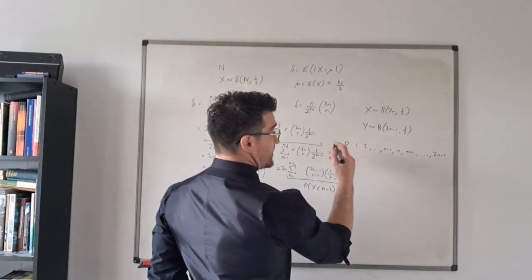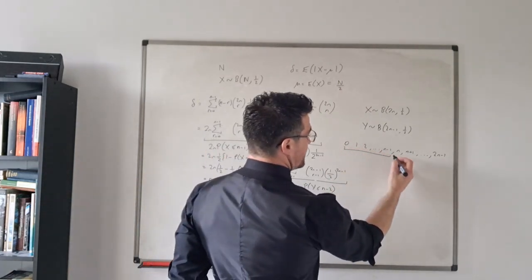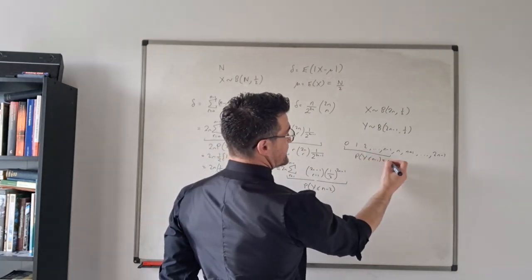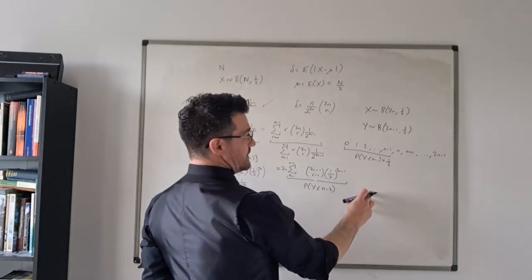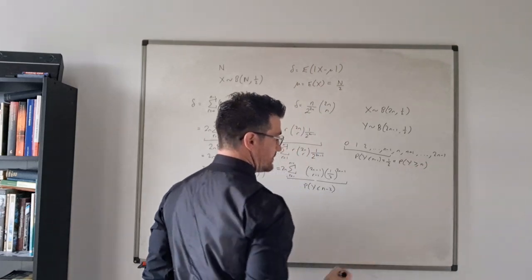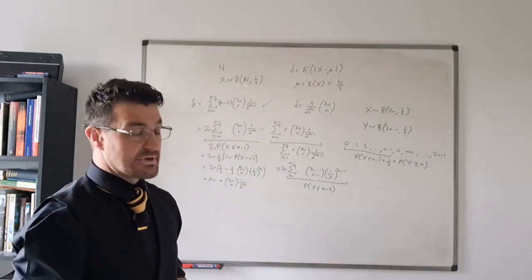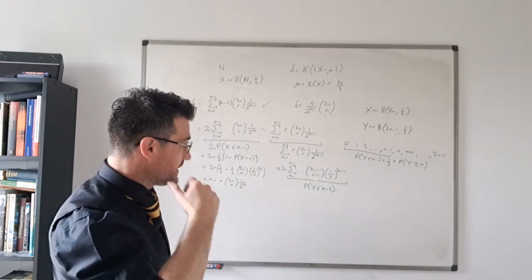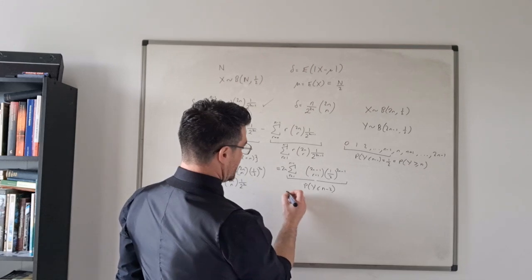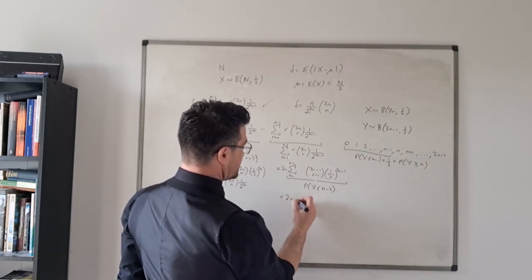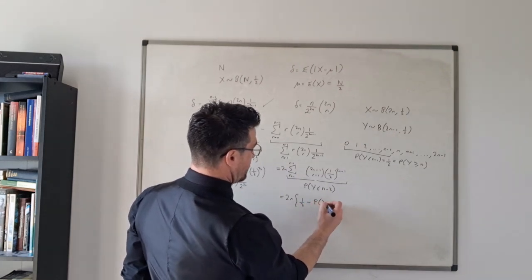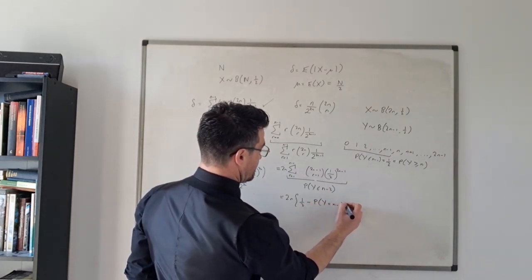So that means that because of the symmetry of the distribution, the probability that Y is less than or equal to n minus 1 is equal to half, which is equal to the probability that Y is greater than or equal to n. Okay? Just using the properties of the distribution. So therefore, this is going to be equal to 2n times a half minus the probability that Y is equal to n minus 1.